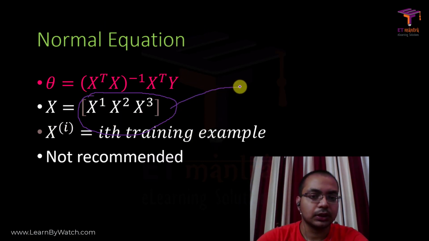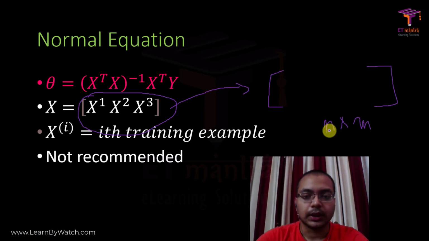We have seen how this x can be represented in a 2D way, which is of size n into m, where n is the number of features and m is the number of training examples. But this is not recommended.